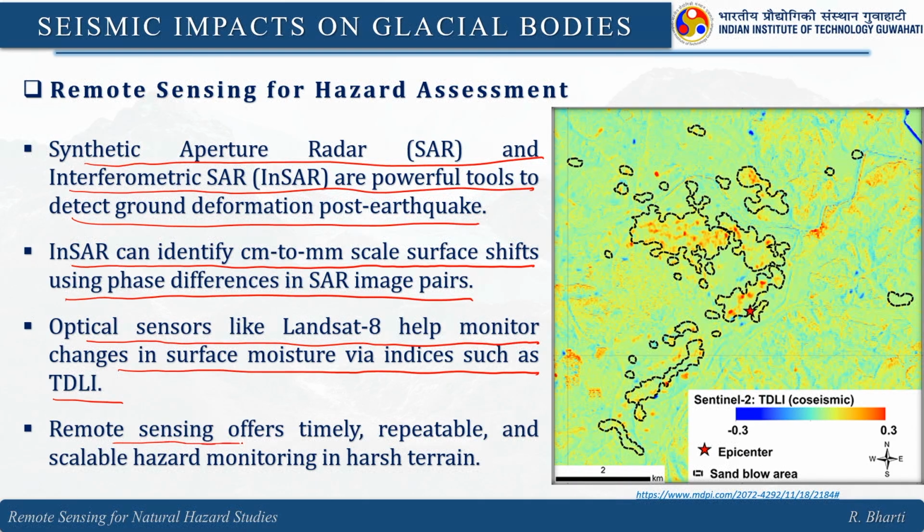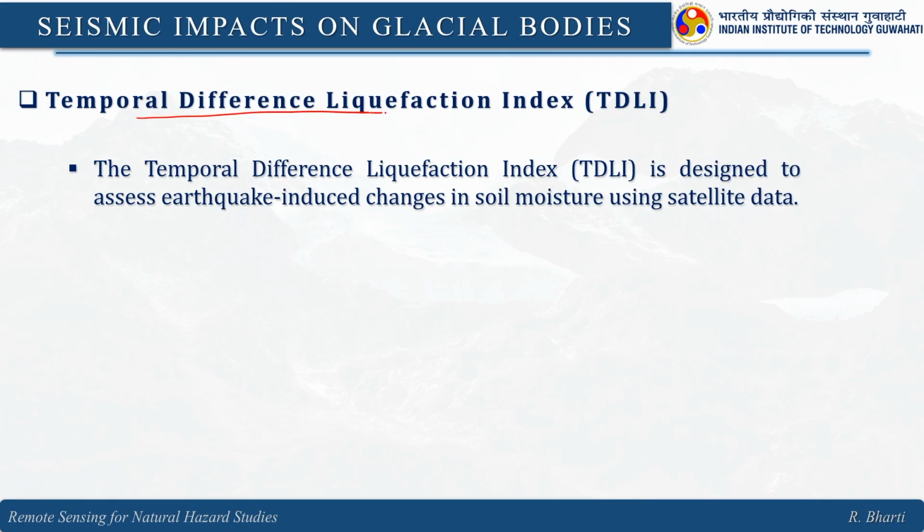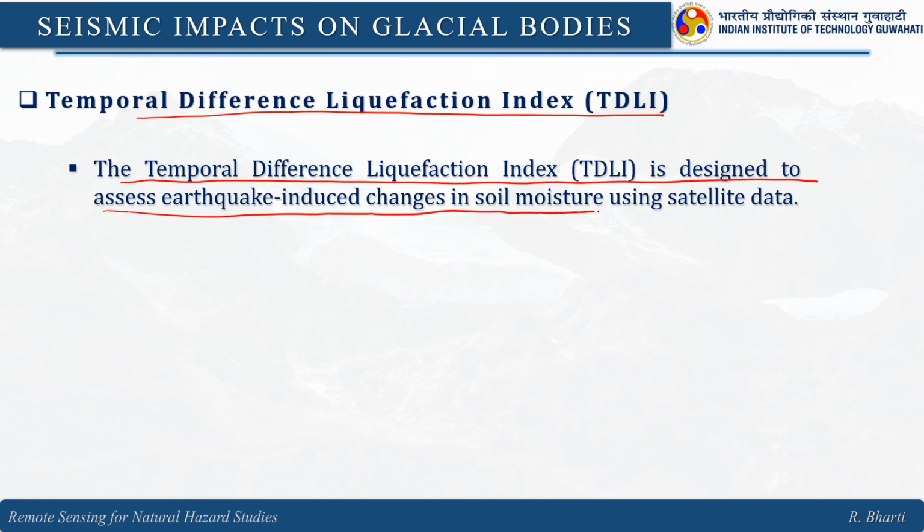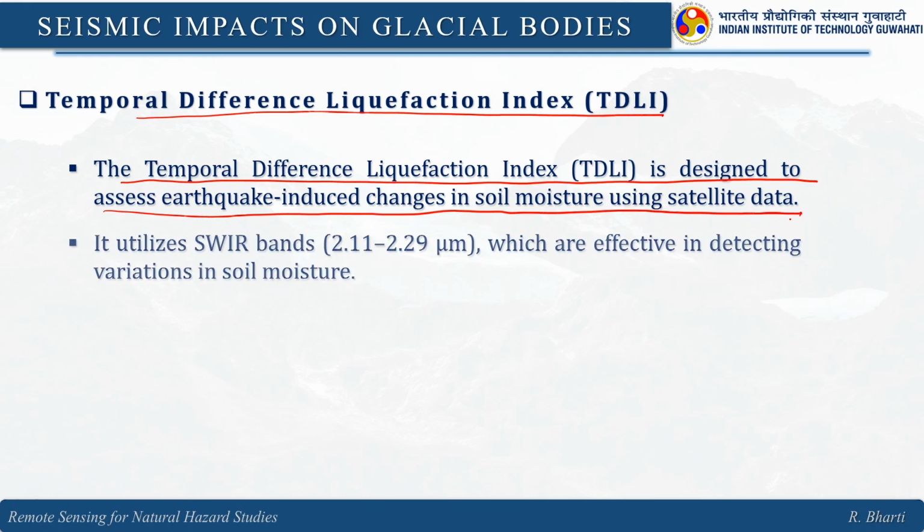So, remote sensing offers timely, repeatable and scalable hazard monitoring in harsh terrain, that we have understood, right. So, the temporal difference liquefaction index, TDLI, is very important here. The temporal difference liquefaction index is designed to assess earthquake induced changes in soil moisture using satellite data.